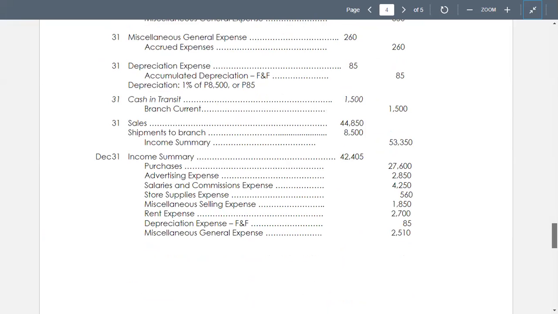Credit store supplies expense for 560. Credit miscellaneous selling expense 1,850. Credit rent expense 2,700. Credit depreciation expense, furniture and fixtures 85, and credit miscellaneous general expense.